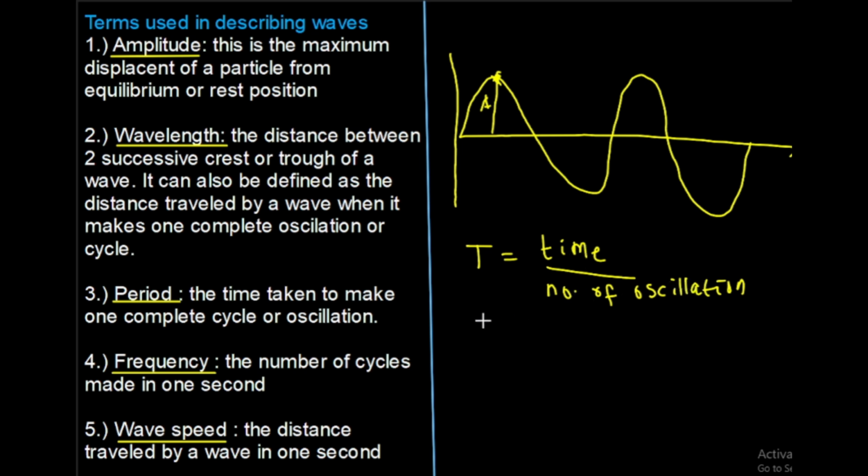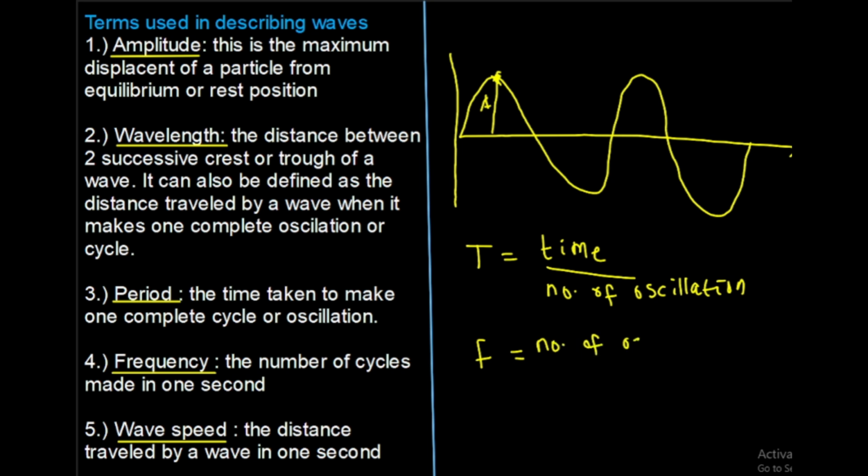Now we also have the frequency. The frequency, on the other hand, is the number of cycles made in 1 second, and its symbol is F. Mathematically, frequency is equal to number of cycles or oscillations divided by the time taken.